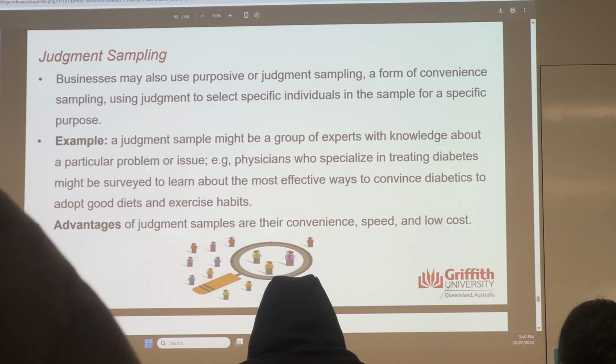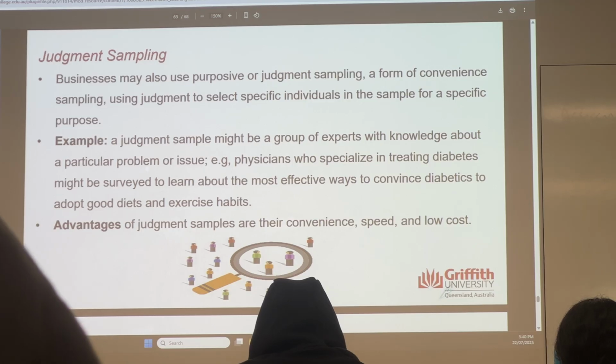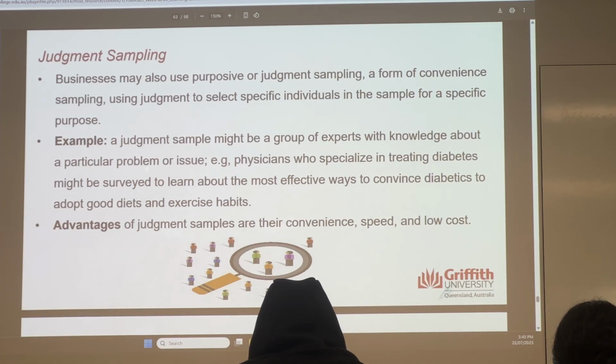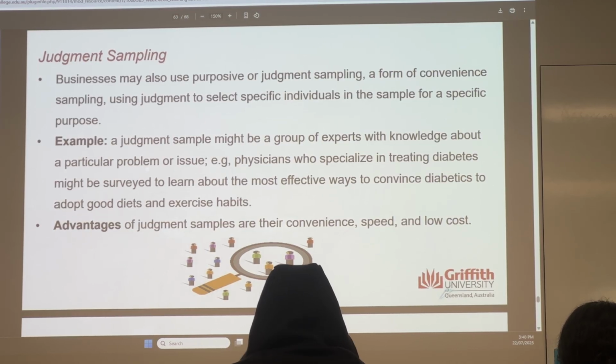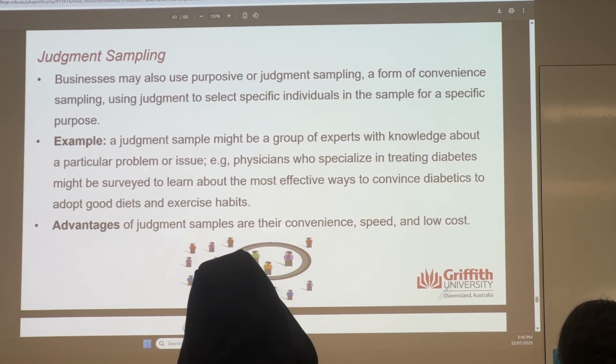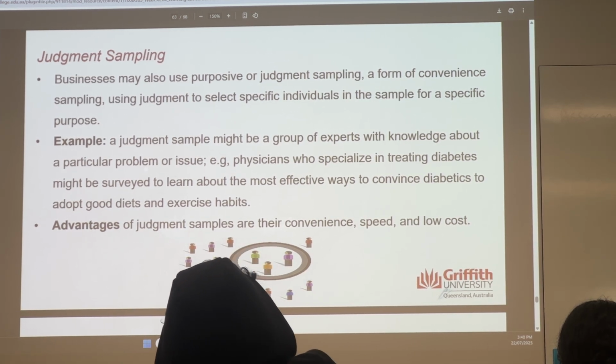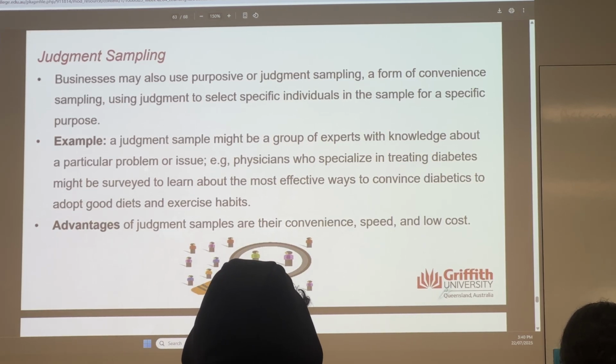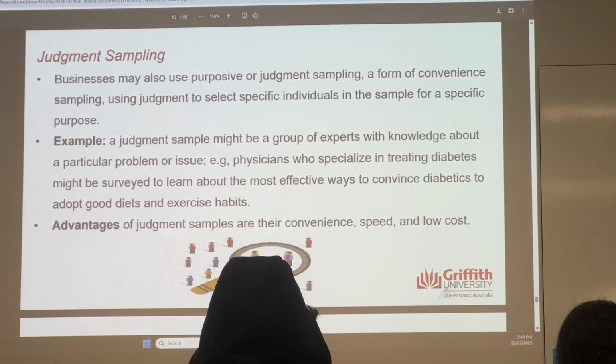Then judgment sampling. Judgment sampling is where you rely on a group of experts. If you want to find where the oil is, you want to drill the earth to get oil, but you can't drill randomly because it's expensive. Experts need to say this area has oil, this area has minerals.